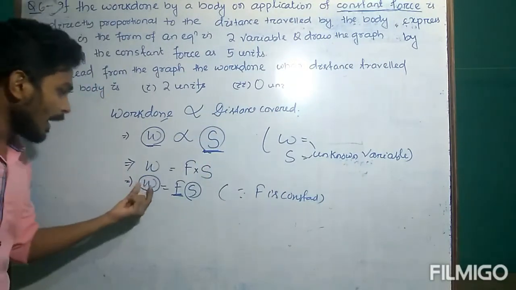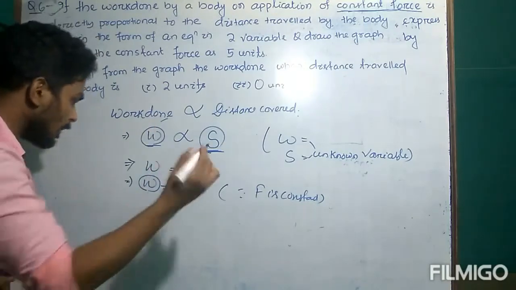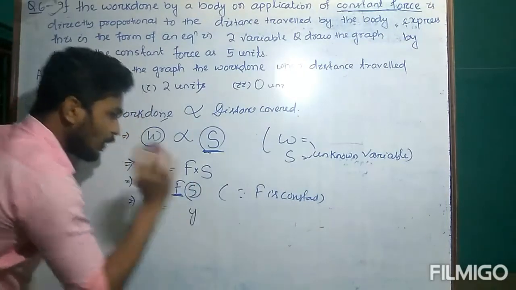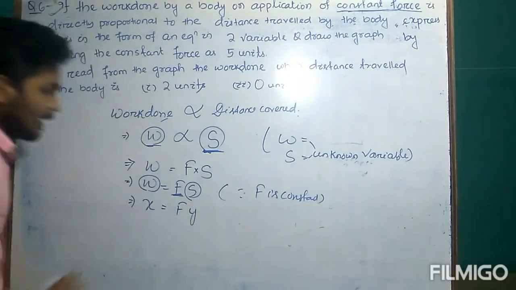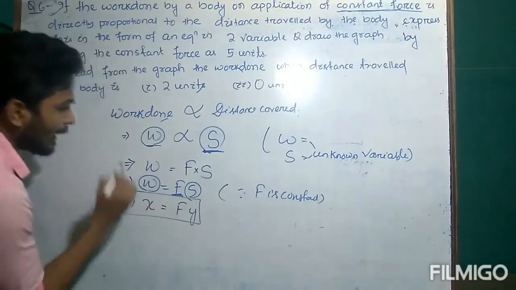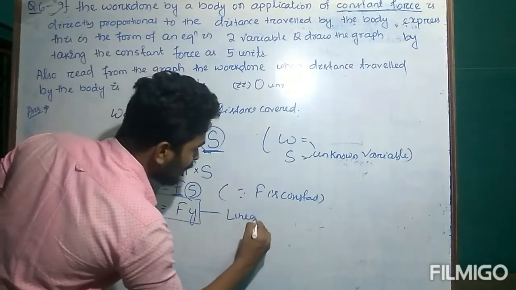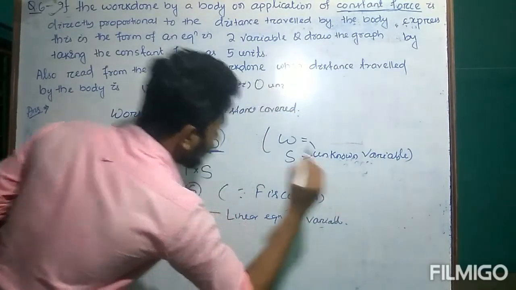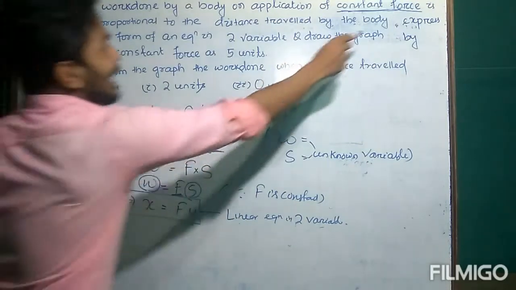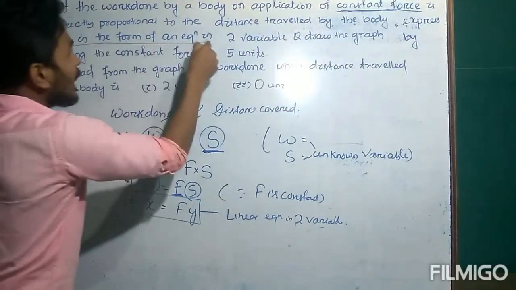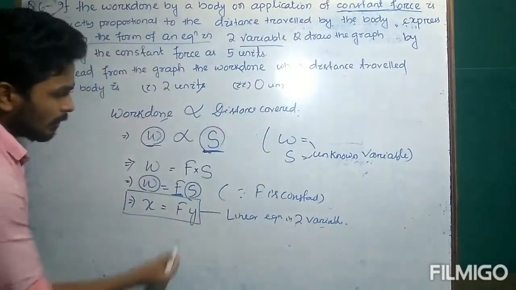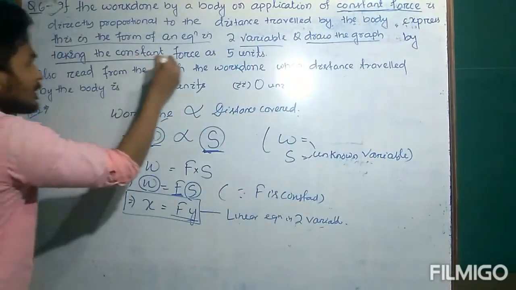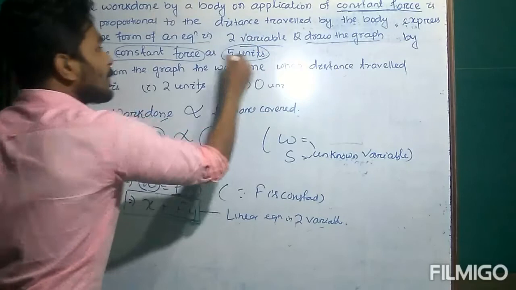If you have trouble identifying W and S as unknown variables, you can use X for W and Y for S. Suppose I write X is equal to F y. So this is a linear equation in two variables. Understood? Now it is given to express this in the form of an equation in two variables. It is completed, and draw the graph by taking the constant force as 5 units.